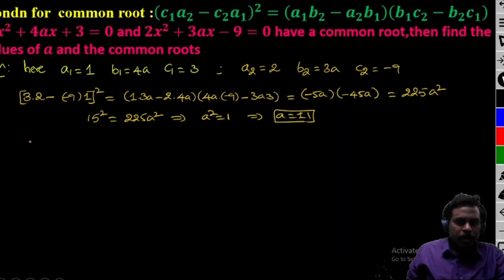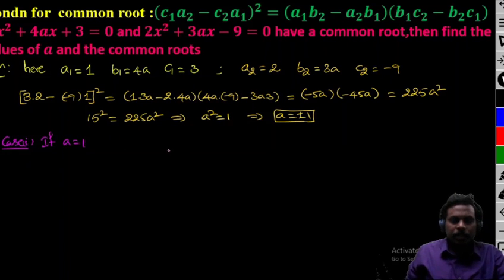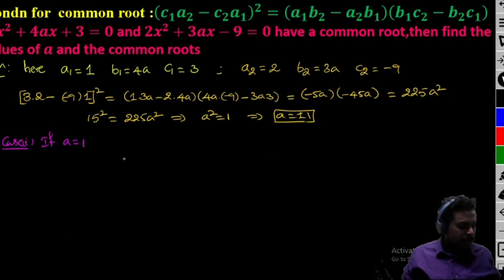Now there are two possible values for a. One is, if a is equal to 1, what happens? Let us see. Let us find out the common roots in this case.